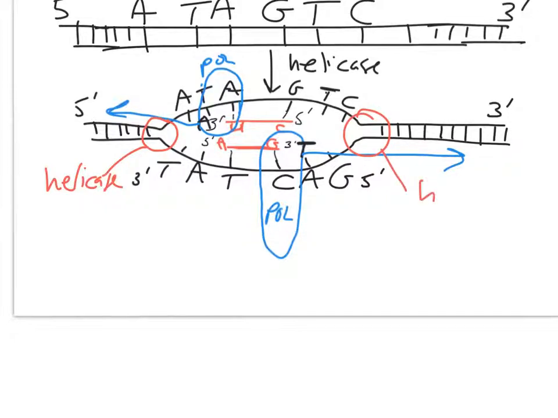So there will be 2 molecules of helicase. They're also moving away from each other. They're unzipping the hydrogen bonds as they travel away from the origin of replication. That's the concept of bidirectional replication. You start replication from an origin, replication proceeds in both directions from the origin. What's the problem?